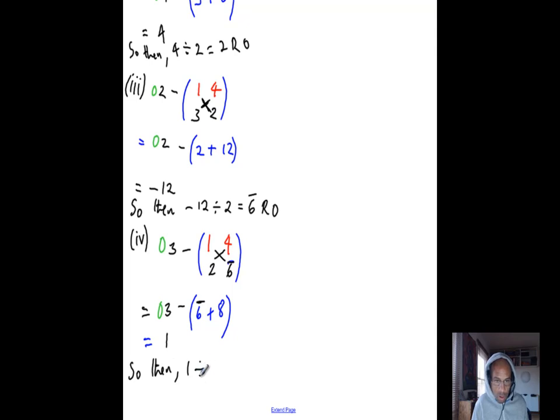So then, 1 divided by 2, can't do it, can you? Imagine you're trying to divide a gold coin by 2 people and you haven't got a saw, you've got no way of chopping it in half. Can't do it, can you? So I'm just going to have to say 0, remainder 1.